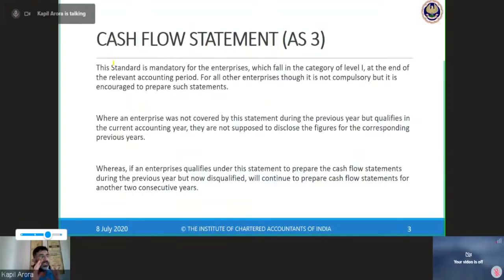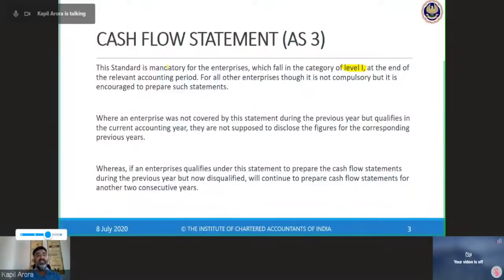Now, which corporates are or which companies are required to follow the cash flow statement AS3? Only those corporates which are falling under other than small and medium enterprises, and which are also falling under level 1 for non-corporates, if they are following the accounting standard.